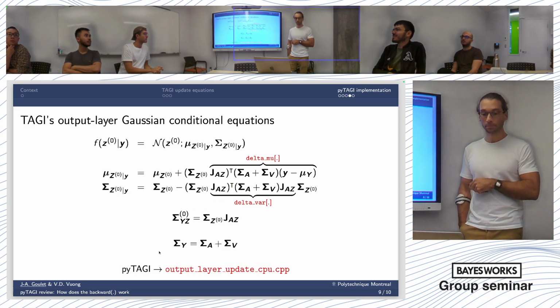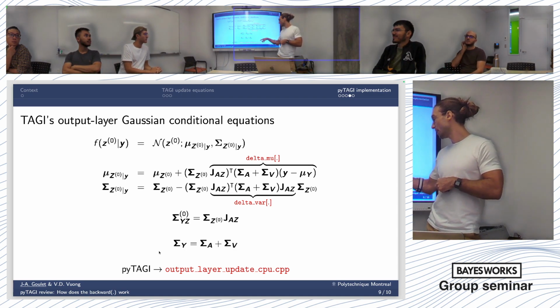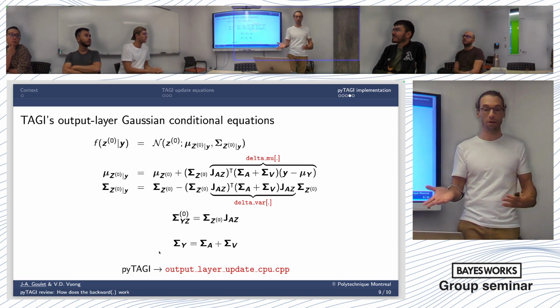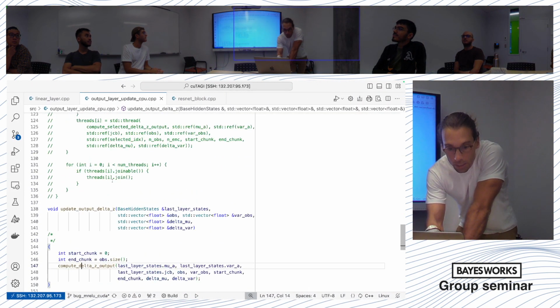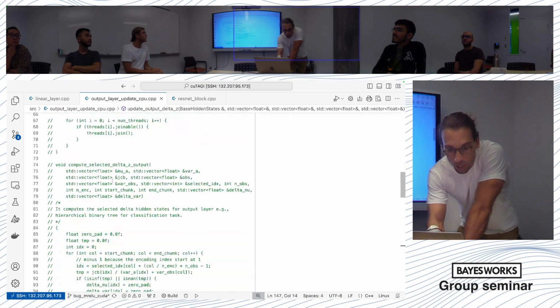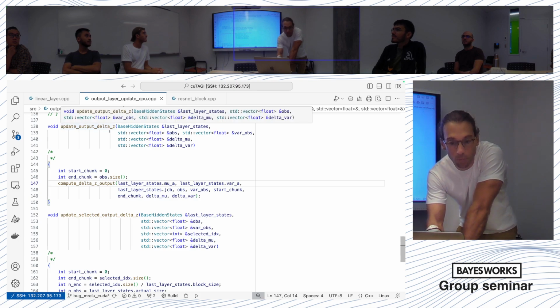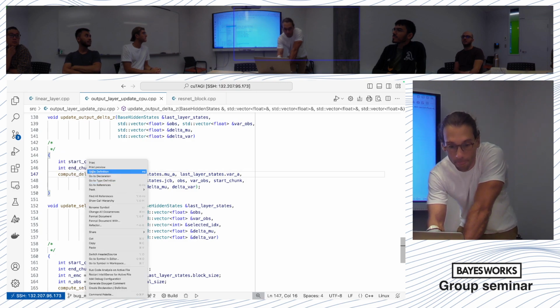Okay. So let's look at this. If we go in the file output layer CPU.cpp, this is where we're going to call everything. So if we go to output layer CPP, you see this is a file with a lot of old stuff that has been commented, but if we go here, update output delta Z. Okay, compute delta Z output.